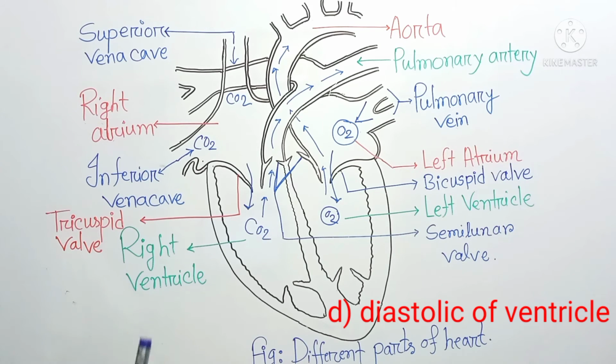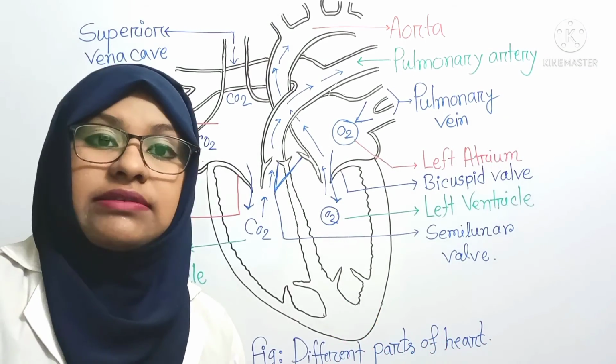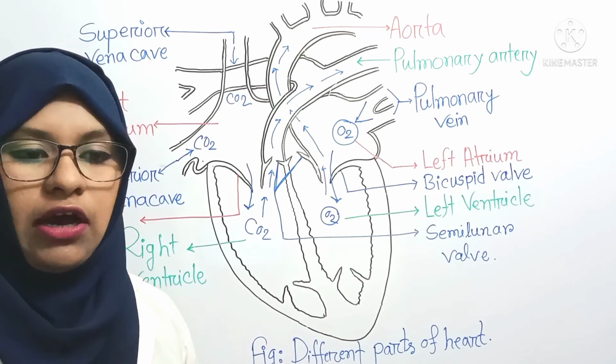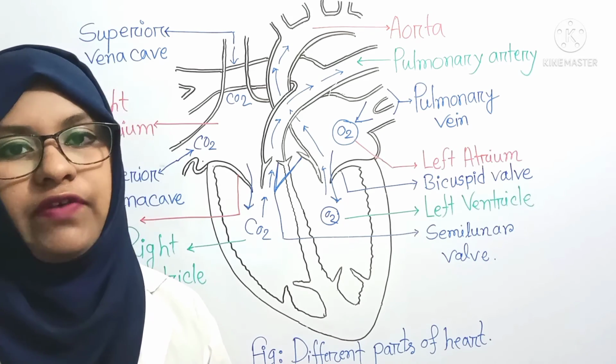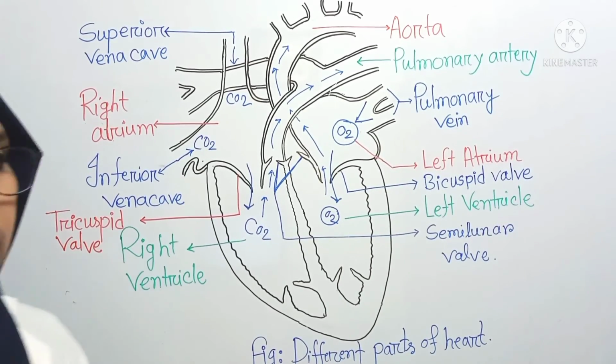At the time of diastole, at the closing time of the valve, the second sound is called dub. So, the sounds of the heart are: the systole of ventricle creates the sound lub, and the diastole of ventricle creates dub.